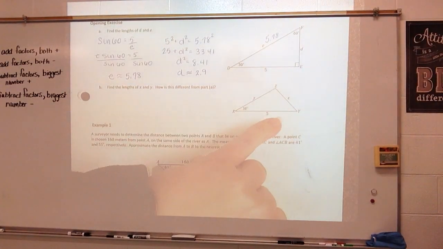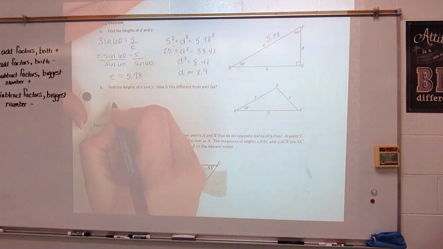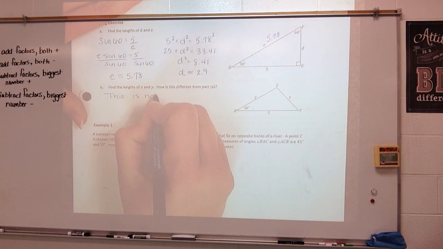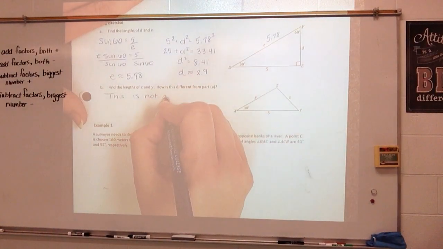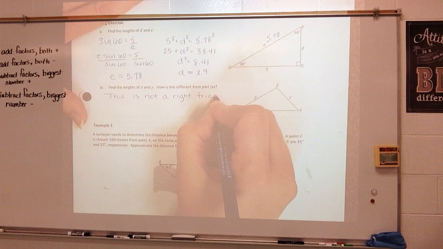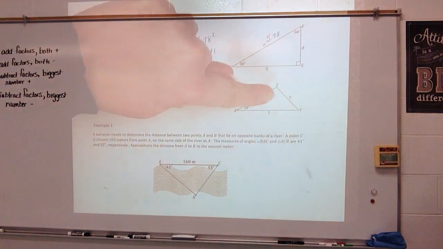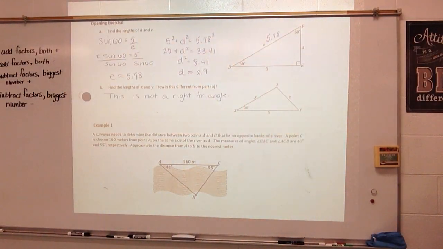This is not a right triangle, because I do not have a right angle marked. It may look to be a right triangle, but in geometry, you cannot assume. You have to know for sure. So nothing is marked as being a right triangle.